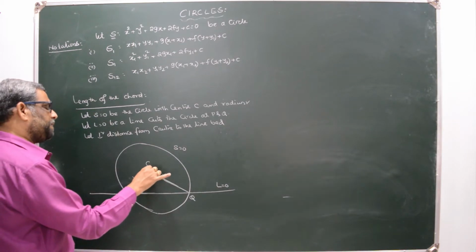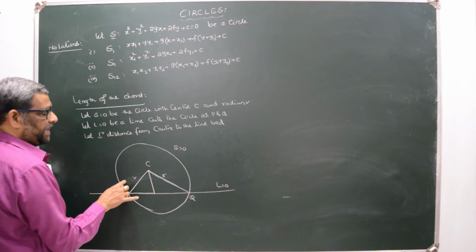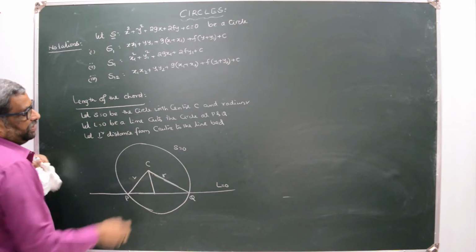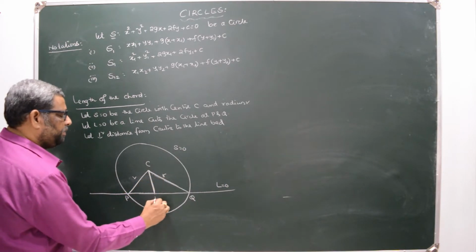If I drop a perpendicular from the center to the line, from the point of intersection of the equal sides of the isosceles triangle, it will meet the opposite side PQ at the midpoint.